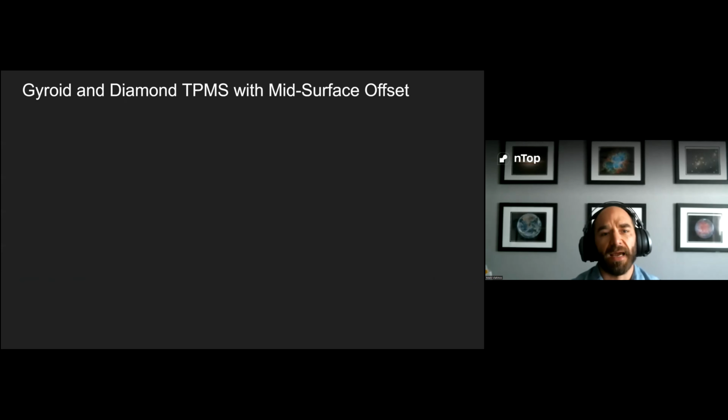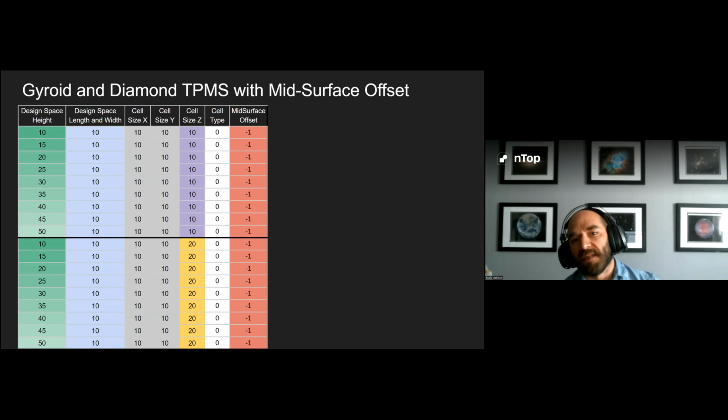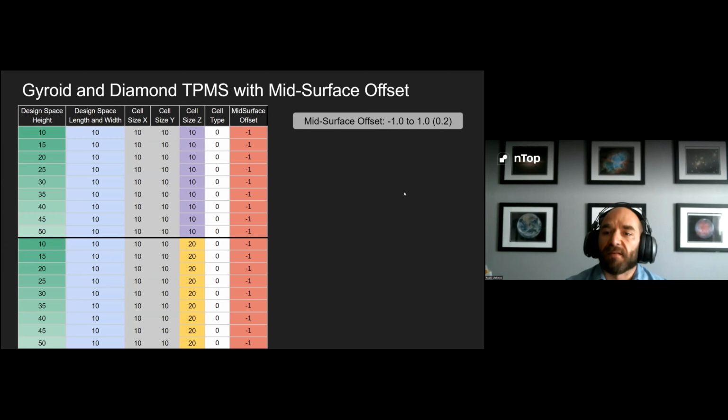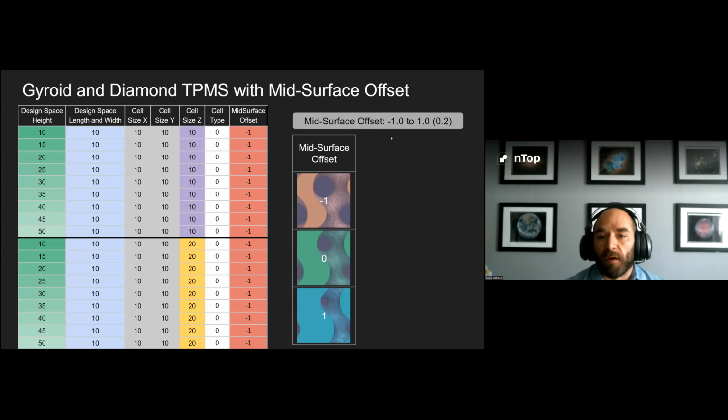So now let's look at both the gyroid and the diamond TPMS, but with that mid-surface offset, or where we're going to shrink or grow the passageways through the discrete domains. In this case, the range is going to be from -1 to 1 in increments of 0.2. And this is kind of what that looks like.